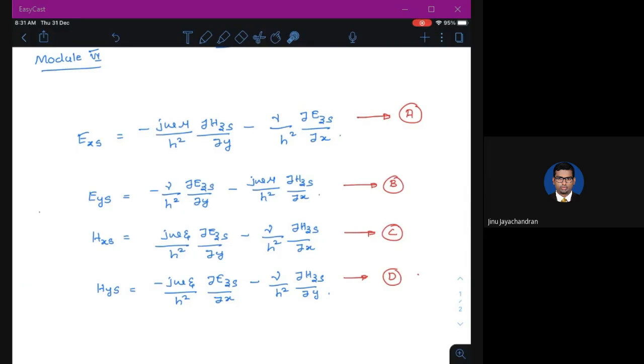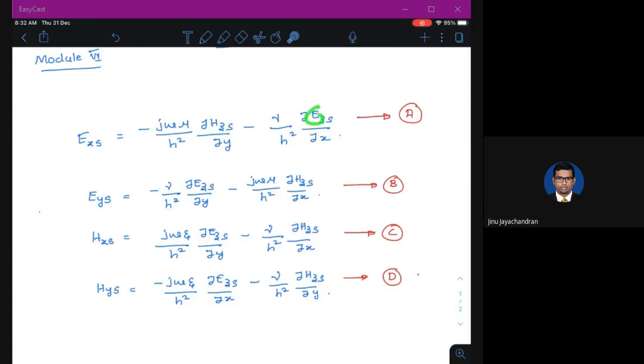And we saw that the component of electric field along any direction other than the direction of propagation depends on the component of magnetic field along the direction of propagation, which is Z, and the component of electric field along the direction of propagation.